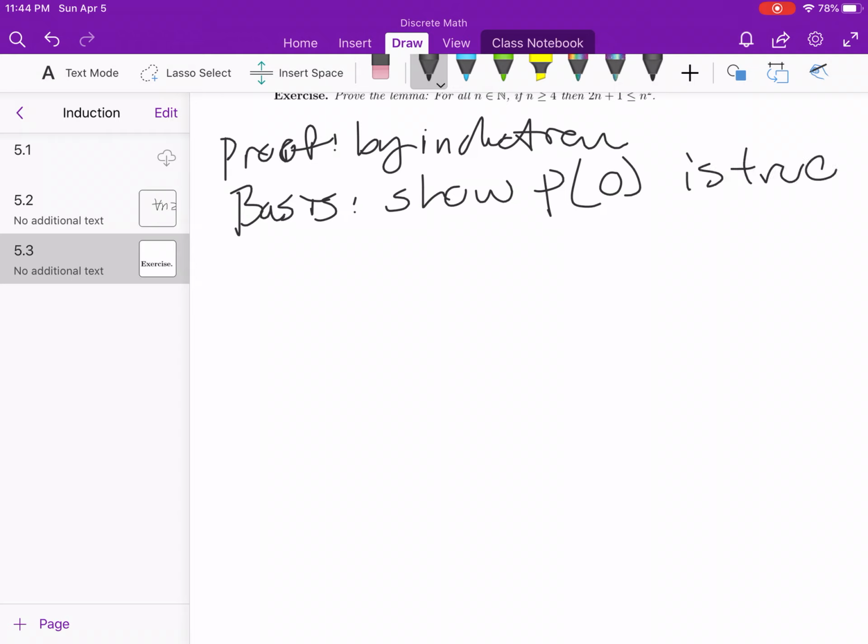Now, what does this mean? It means that I want to show that when n is 0, because that's sort of what this thing is in here, the statement is true. Well, when n is 0, so to do this, just let n equal 0.